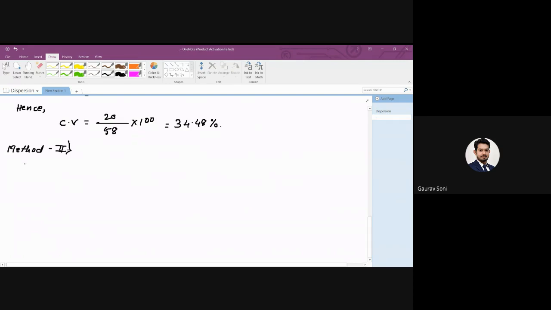So what we have, we have the class intervals: 0 to 20, 20 to 40, 40 to 60, 60 to 80, and 80 to 100. Immediately I'll write down the class marks here.